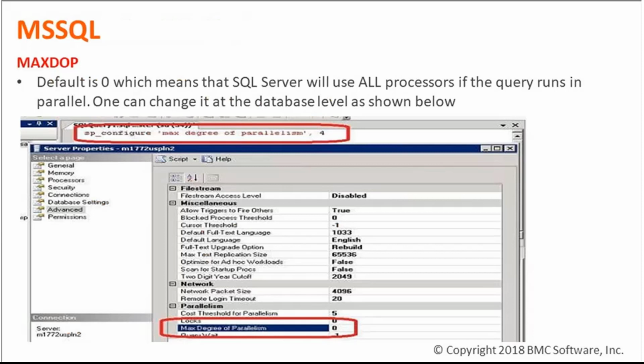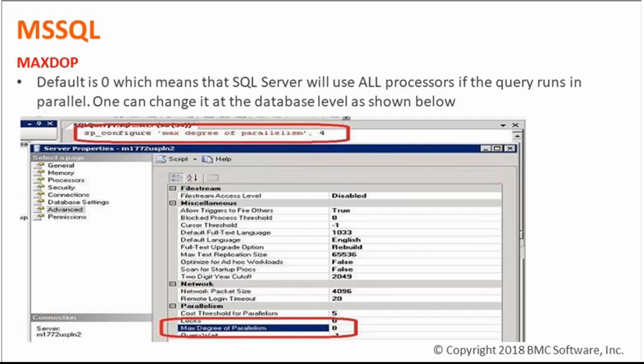Of course, you can change this value at the database level, and if you set it to 1, it means SQL Server will use only one CPU, and any other value, besides 0 and 1, specifies the number of parallel threads SQL Server will use to run that SQL query in parallel. And you can configure that, as you can see on the screen, under Advanced for server properties for your server, that is your Remedy server, the database, and it's called max degree of parallelism.